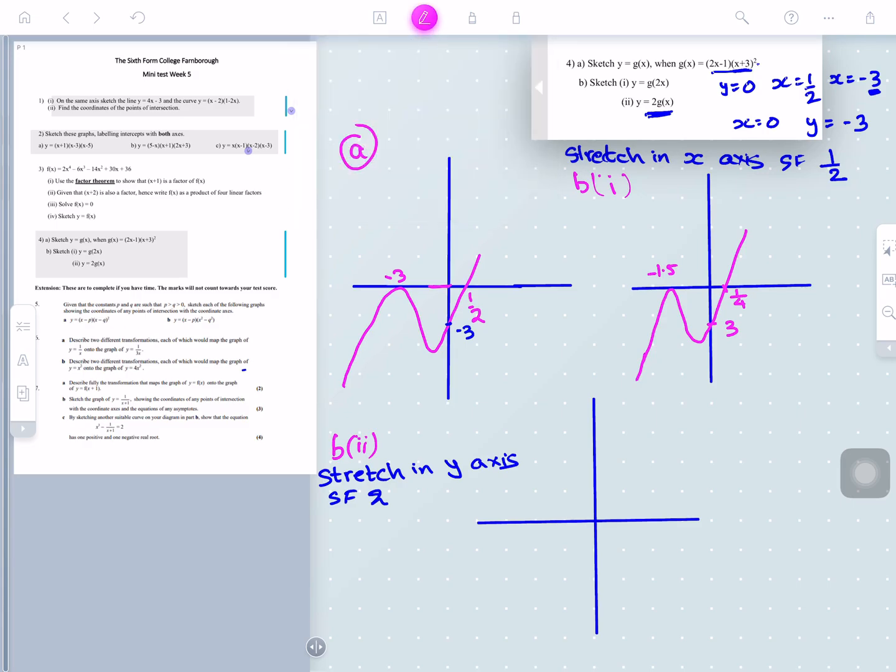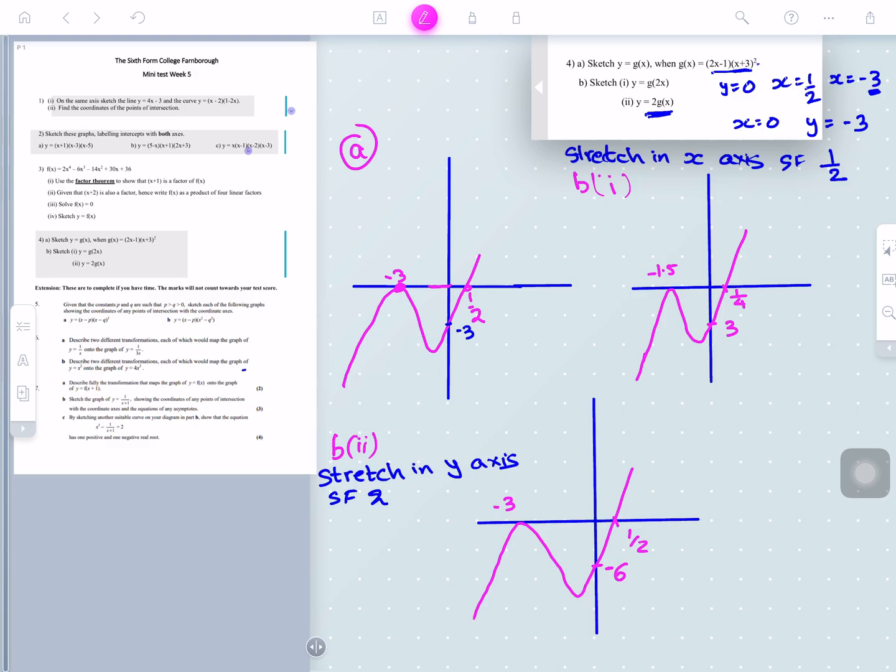The x coordinate stays as minus 3 and a half, and the y coordinate will be multiplied by 2. So that's going to be 3. That stays as a half, and that will be minus 6.